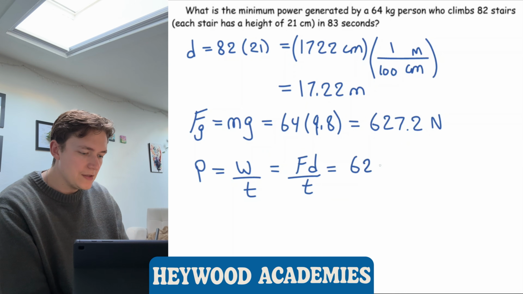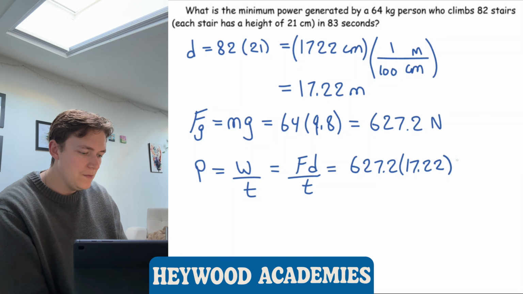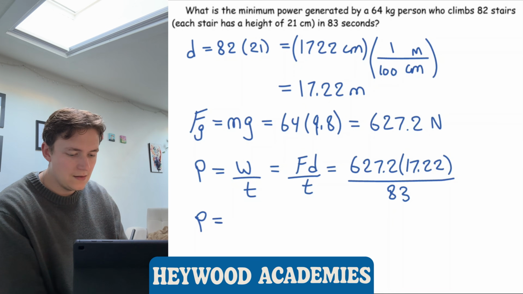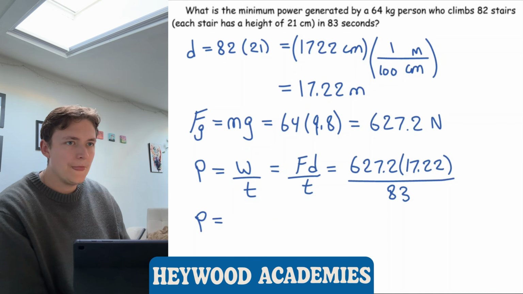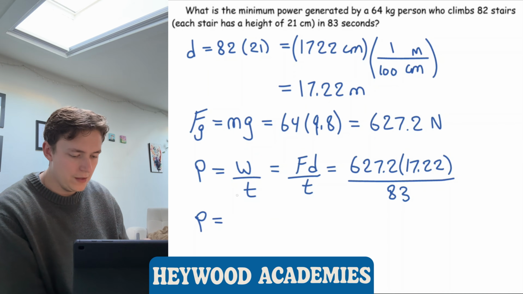We've got the force, 627.2, the distance of 17.22 meters, and we're dividing that by the time, which was 83 seconds that it took to do that. So now we can take all these numbers, put them in the calculator, and get our answer for this one. So we end up with 130.